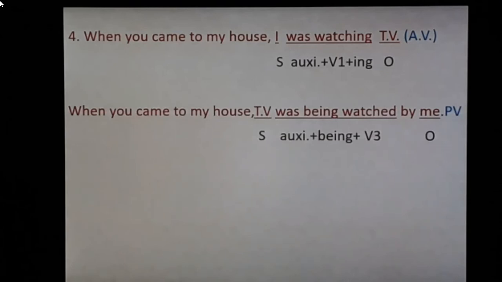Let's turn this to passive. When you get this kind of complex sentence, then first part same. You have to copy the same. When you came to my house. After putting comma, wherever you find past continuous tense, then you have to change it to passive. That portion only. So here I have done the same way.